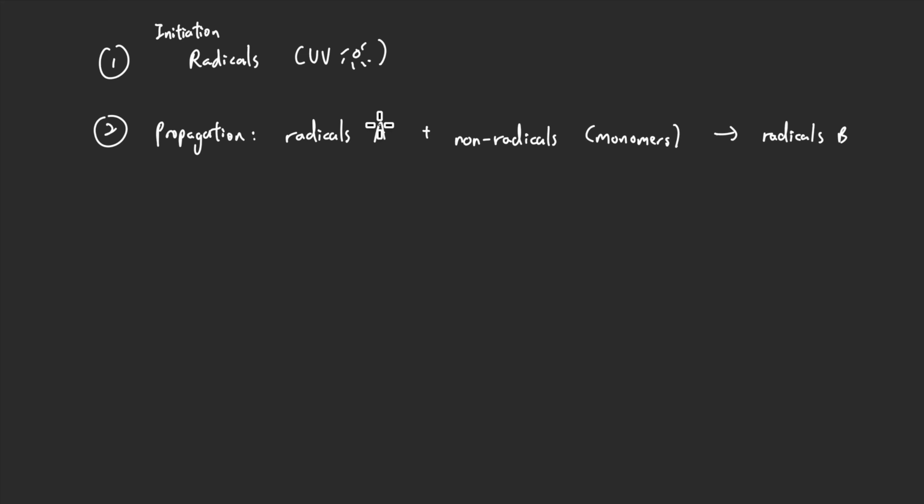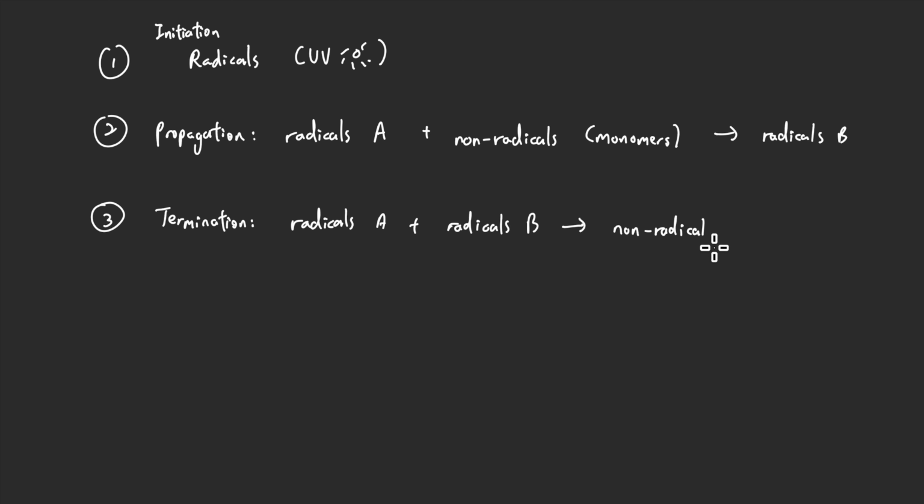That's how the continuous reaction occurs. Once the monomer is used up, termination occurs. In termination, radical A and radical B will form a non-radical. So that's how it works.